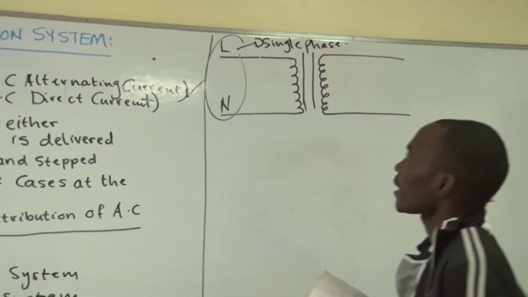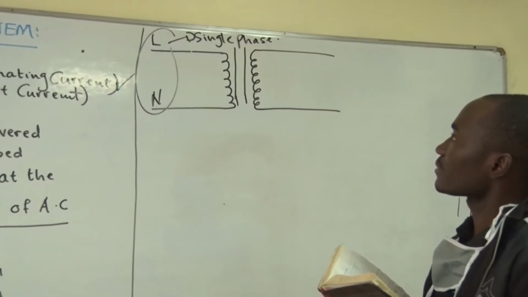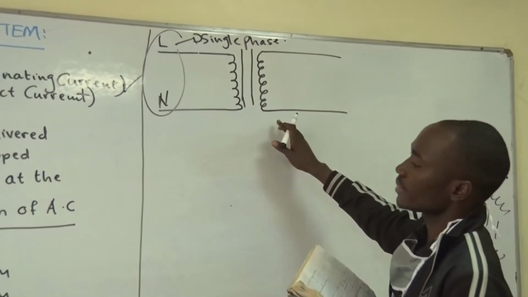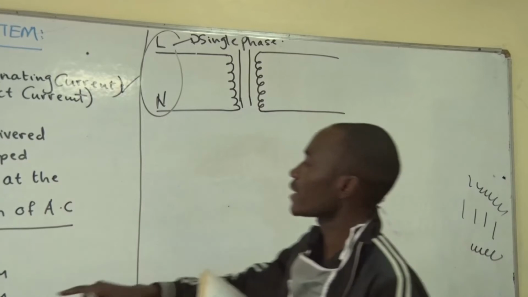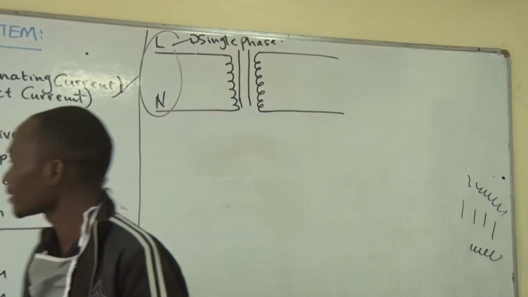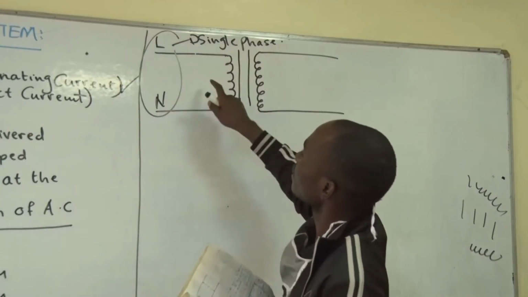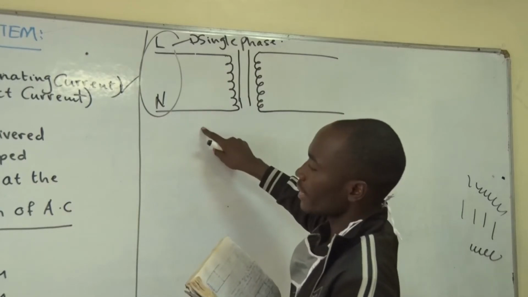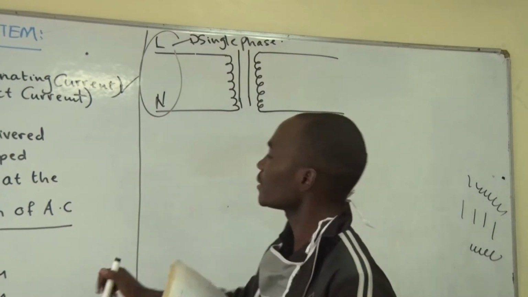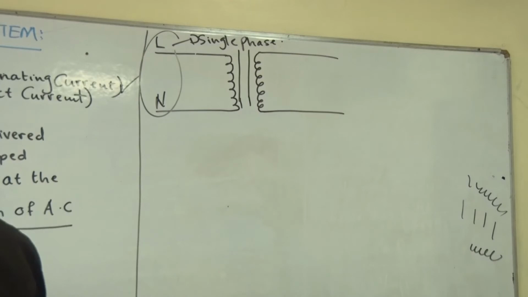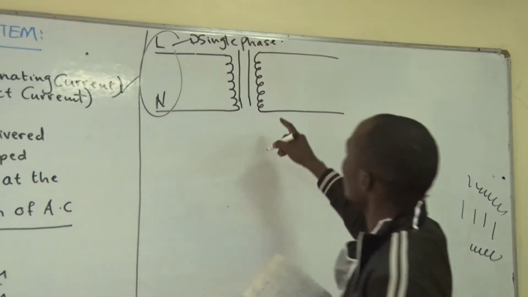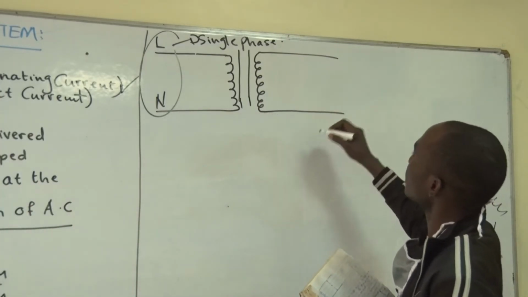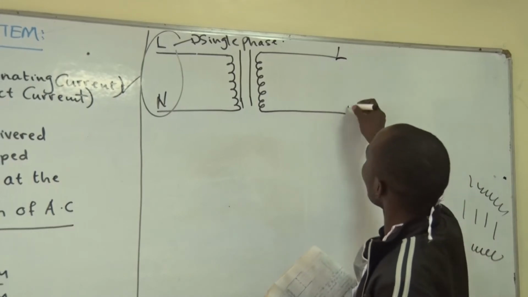And after they have been fed into the transformer, we have got the outgoing wires. So the first name here, which is the single phase, represents this part. And the 2-wire system is the outgoing part. You can see that in the outgoing part we have got 2 wires, the live and the neutral.